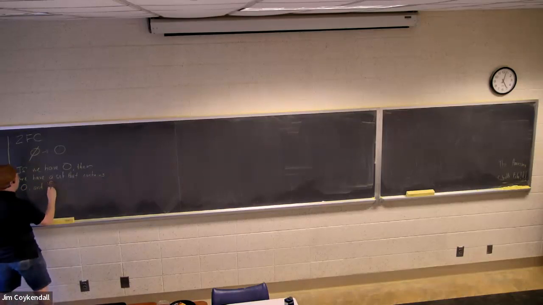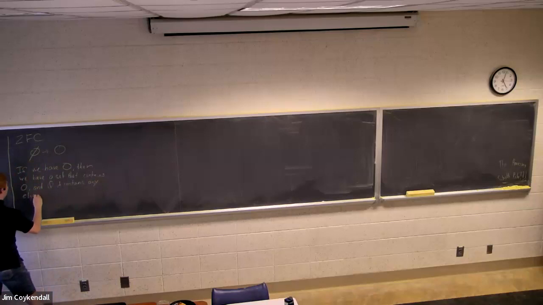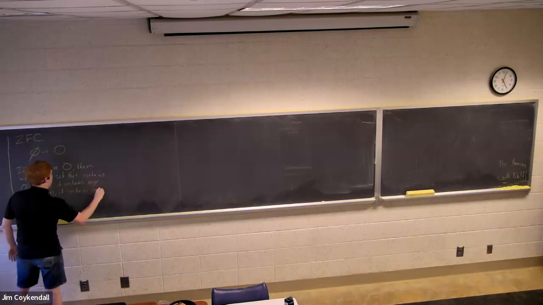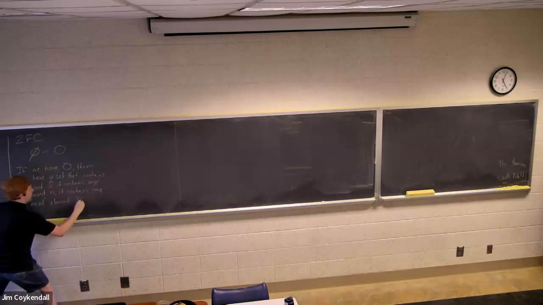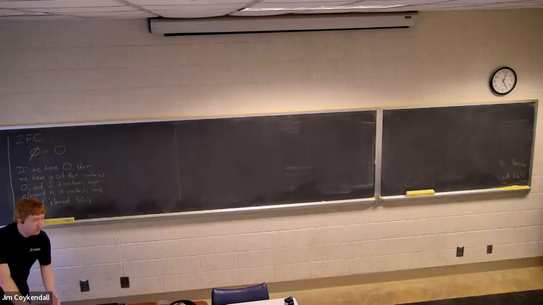And if it contains any element n, it contains some next element that we're going to denote s of n. We're treating this as a function. Is that too low for some people to see? So we are treating this as sort of a next element.